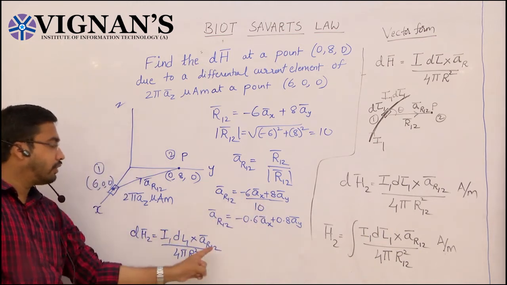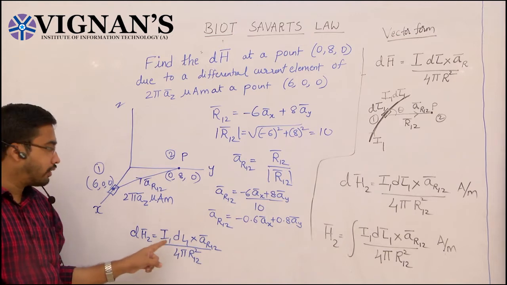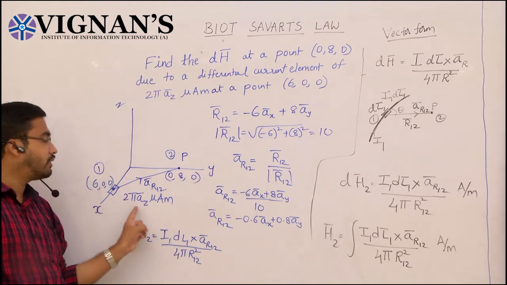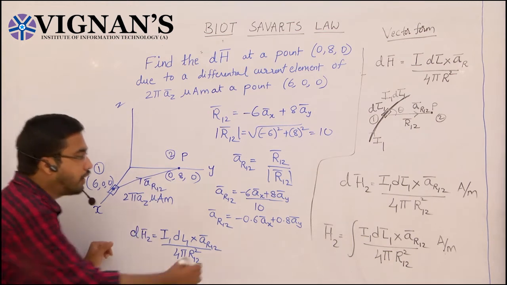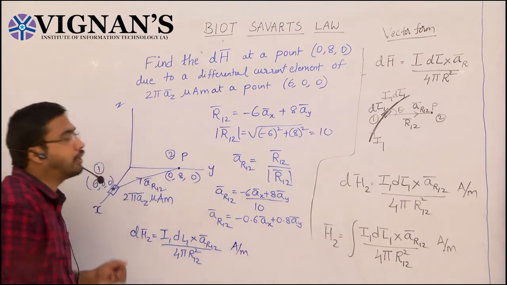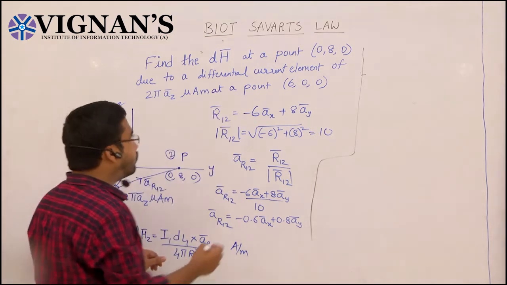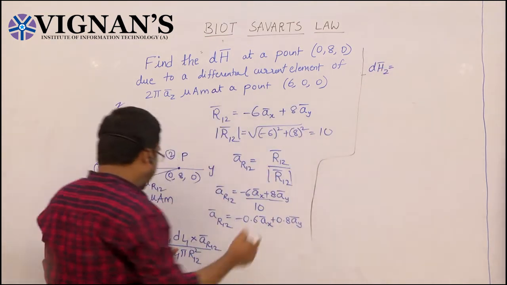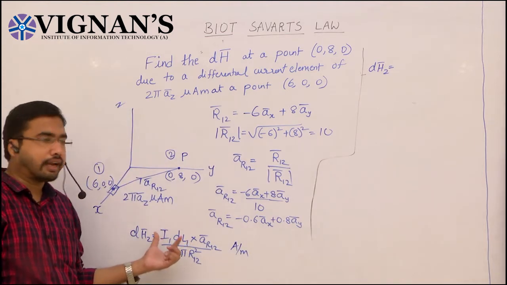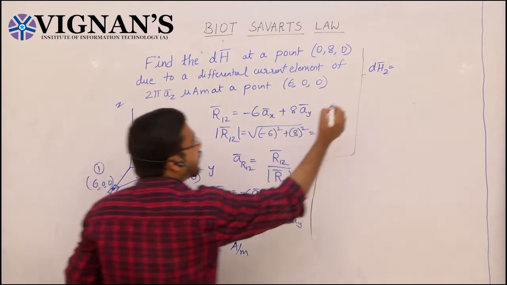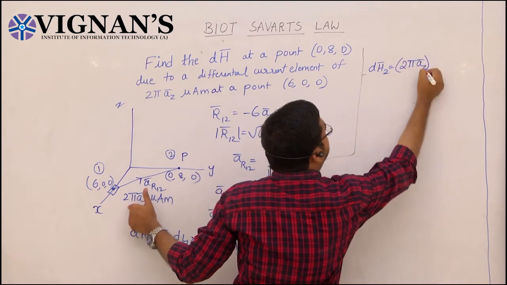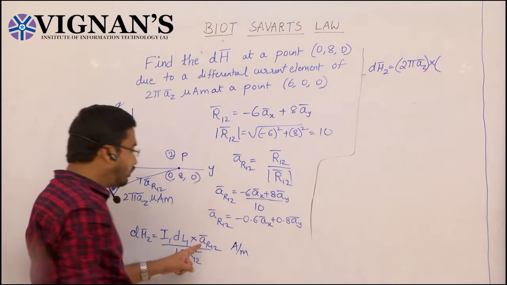If you substitute and find the cross product of this differential element, what is the differential element value? 2 pi AZ. So let us substitute all these values and find the differential magnetic field intensity. So DH2 is equal to, what is this I1 dl1? Differential current element is 2 pi AZ. 2 pi AZ cross, what is AR12?